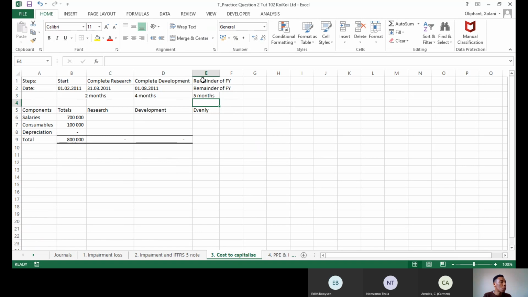The same as consumables. The consumables of 100,000 relate only directly to this project that we have. So our project started 1st of February up until 1st of August. What we also know, and we'll get to that part, is that we also bought machinery on the 1st of February to assist with this project.